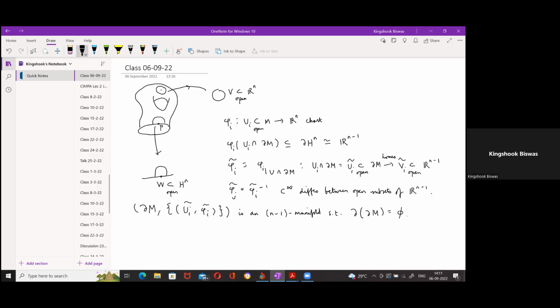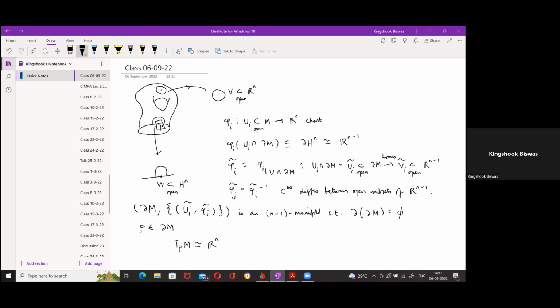So the tangent space at a boundary point should also be a vector space of dimension n. Okay. And what we want is that we also have the tangent space to boundary M. So suppose P is a point of boundary M. Then what we want is that TPM should be a vector space of dimension n.